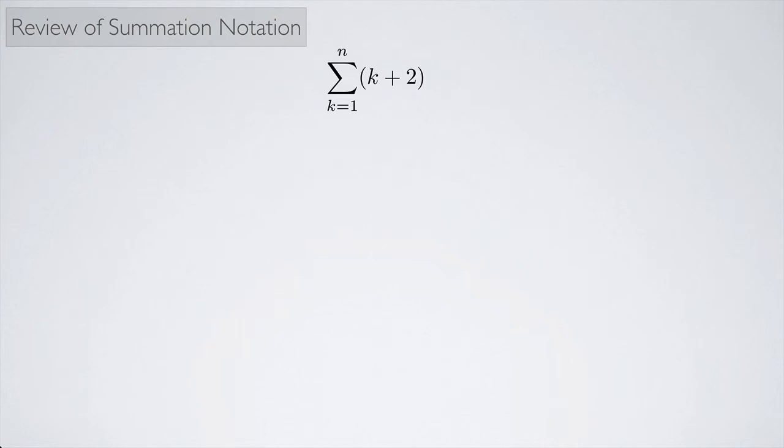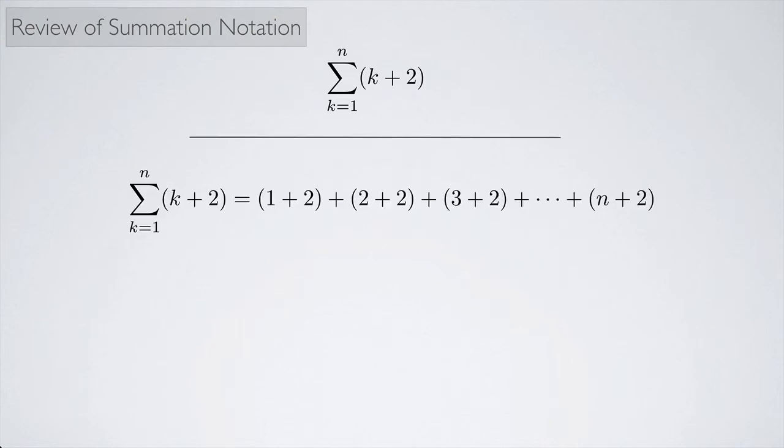Okay, what about the sum from k equals 1 to n of k plus 2? Well, in this case, that would be 1 plus 2 plus 2 plus 2 plus 3 plus 2 all the way up to n plus 2. And if I look at it the right way, I can group all of the first part of each term together and the second part together.